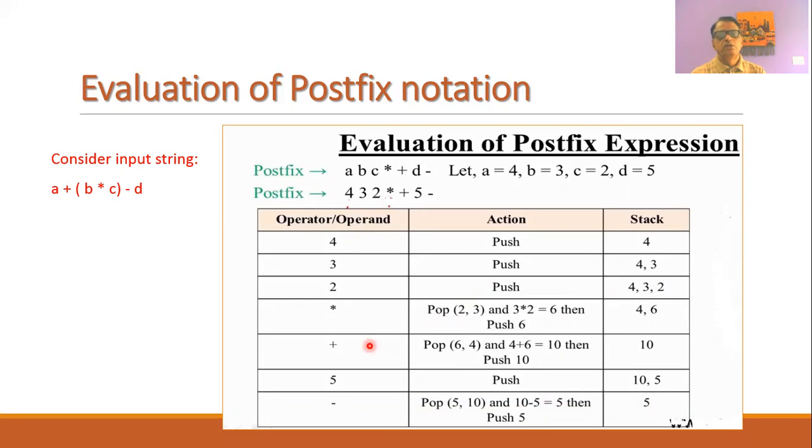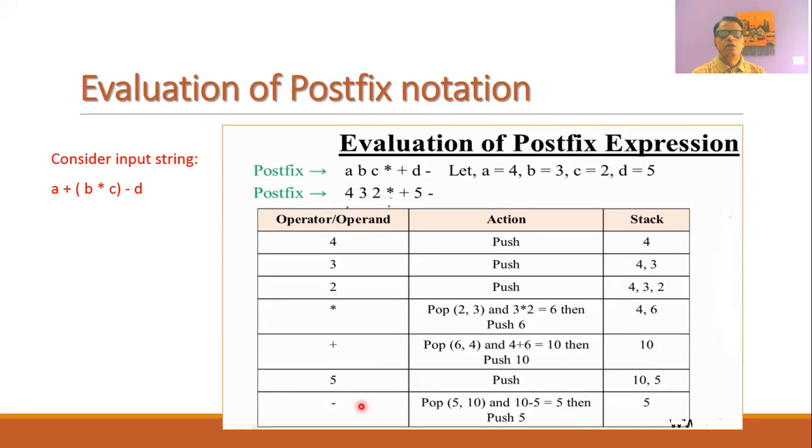Then the next operation is plus, and therefore we will pop off 4 and 6 from the top of the stack. We will perform the addition, and then the result 10 will be pushed onto the stack. Then the next symbol is 5, where we will perform the push action, where the number 5 will be pushed onto the stack.